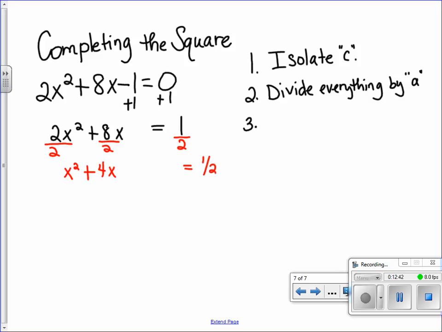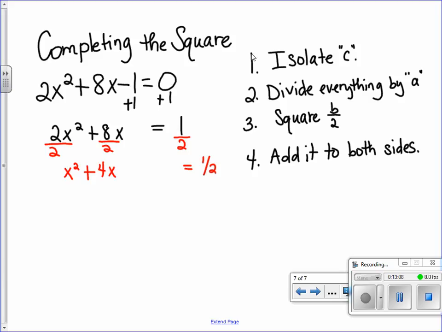Okay. Step 3. Somewhere off to the side, square b over 2. I'm going to write this down. Add it to both sides. So I'm going to go over here and I'm going to do some math.